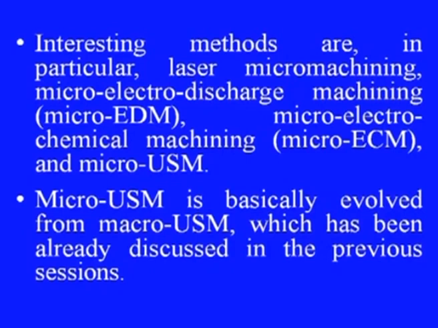Interesting methods are in particular laser micro machining, micro electro discharge machining also called micro EDM, micro electrochemical machining also called micro ECM, and micro USM can be thought of for this purpose. Micro USM, that is nothing but ultrasonic machining at micro level, has basically evolved from macro USM, what we usually know as USM or normal USM, which has been already discussed in detail in the last 2 sessions.